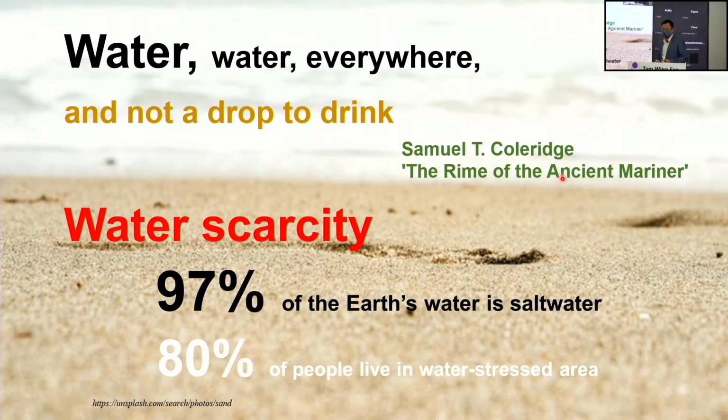Now, in the famous poem, Samuel Coleridge wrote, water, water everywhere, and not a drop to drink. With the fact that 80% of people live in water-stressed areas, water scarcity is nowadays one of the grandest challenges of our time.